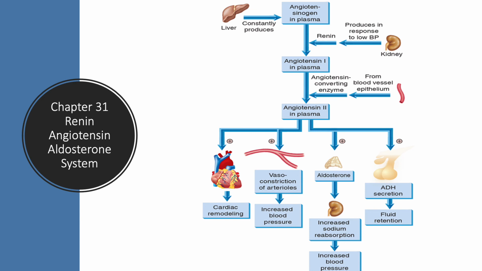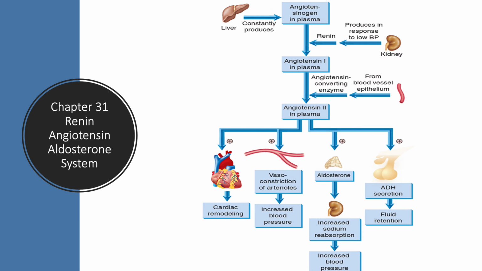Okay, so the body does not like low blood pressure. It has multiple systems that are activated in low blood pressure. Think about that, because I'm going to mention them in a minute. So there's multiple systems that turn on when your blood pressure is low. And this is definitely one of them.